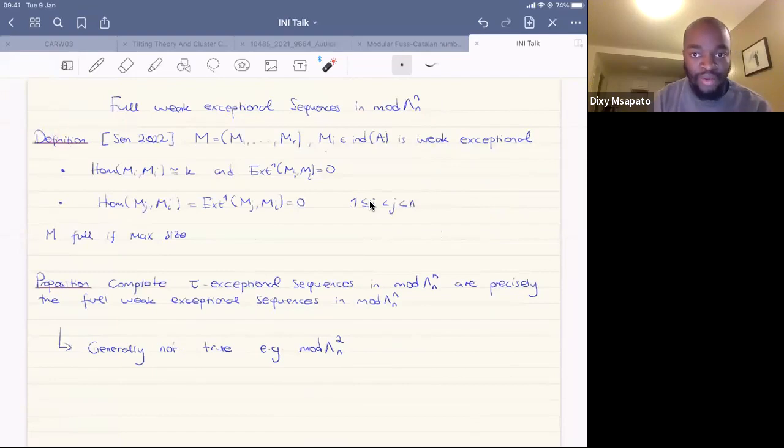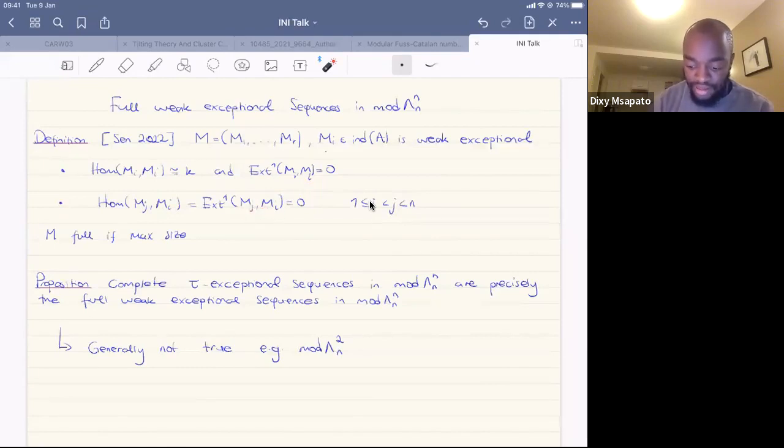Just to tell you what weak exceptional sequences are: a sequence of indecomposable modules M1 to Mr is called weak exceptional if the endomorphism ring of each Mi is isomorphic to K, the underlying field, and there are no extensions of degree 1 from Mj to Mi for j greater than i. The second condition is that there are no morphisms from right to left, and no extensions of degree 1 from right to left.